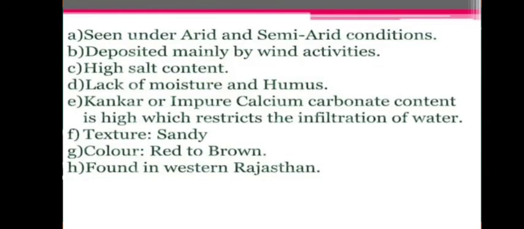It is seen under arid and semi-arid conditions, deposited mainly by wind activities, with high salt content and lack of moisture and humus. Kankar or impure calcium carbonate content is high, which restricts the infiltration of water.